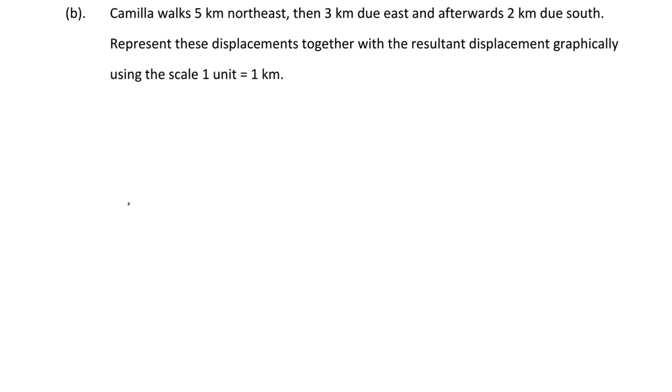So our starting point is going to be here, and here is going to be O. Then we are going to draw our line representing the northeast direction, and then another line here going east, and another line here going south.